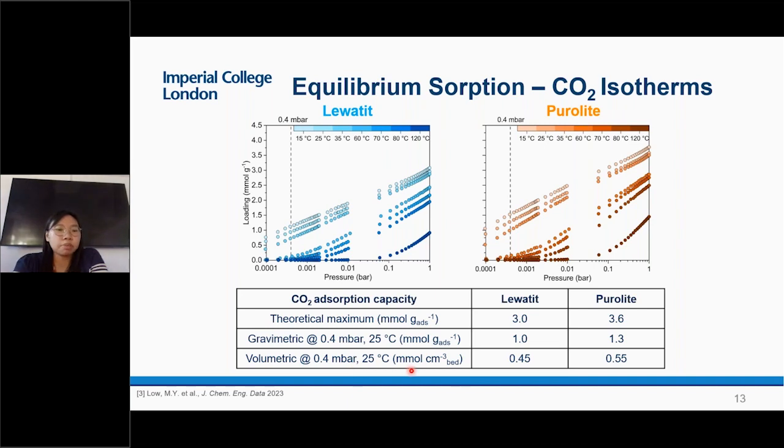And then in terms of the volumetric adsorption capacity, which is the amount of CO2 adsorbed per volume of your bed, even though Lewatit, as I said before, had a higher bed density, overall, when you account for that, Purolite still has a higher volumetric adsorption capacity, which means you could use basically a smaller footprint of your facility to capture more CO2. So that could have cost benefits there.